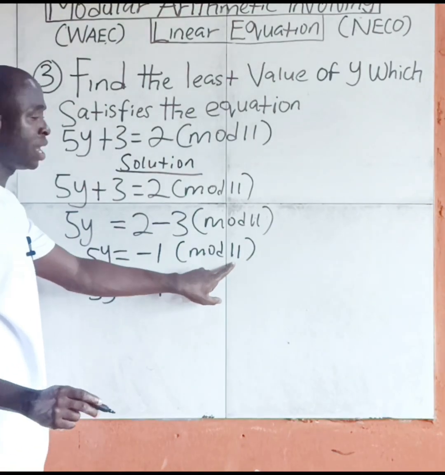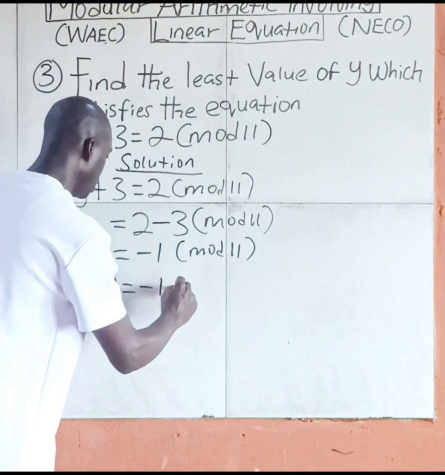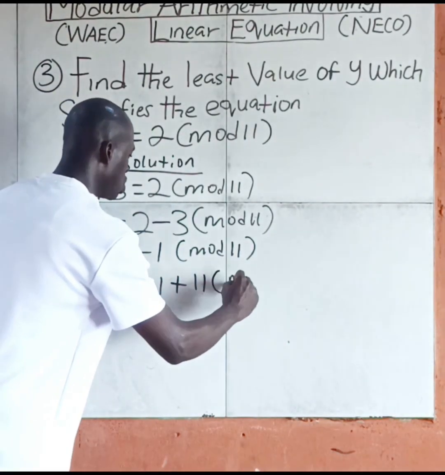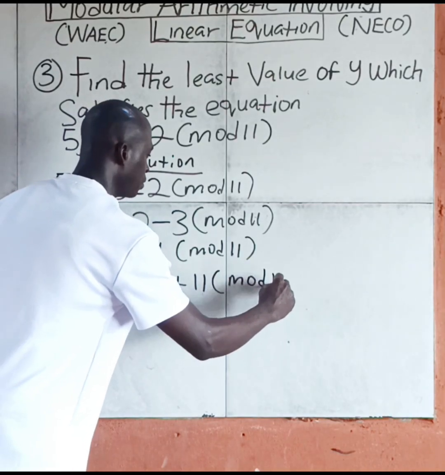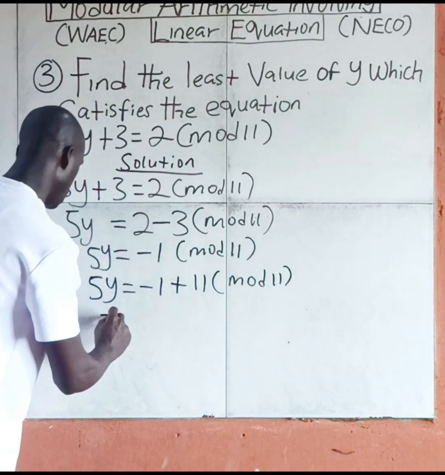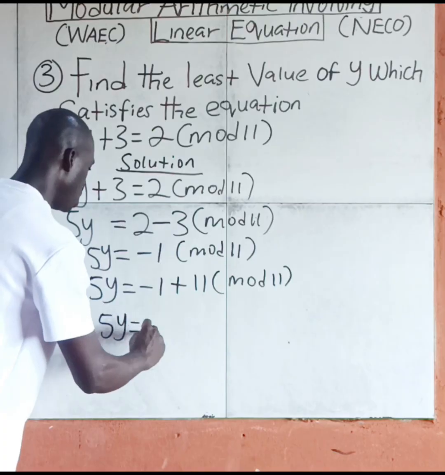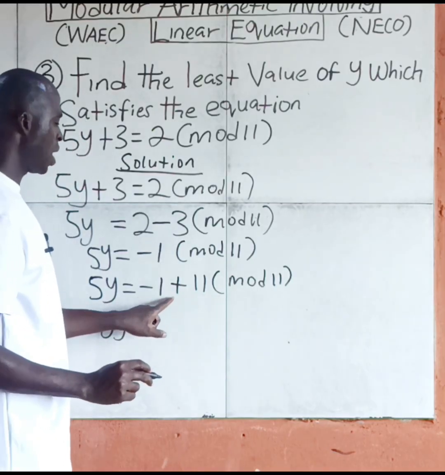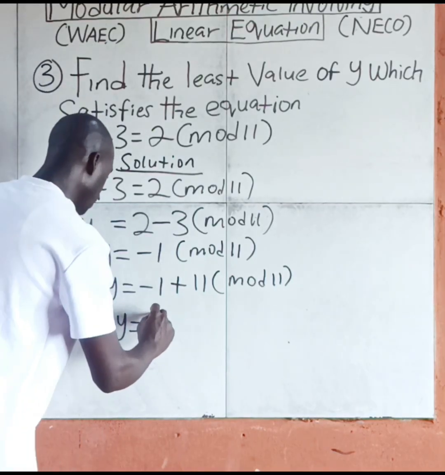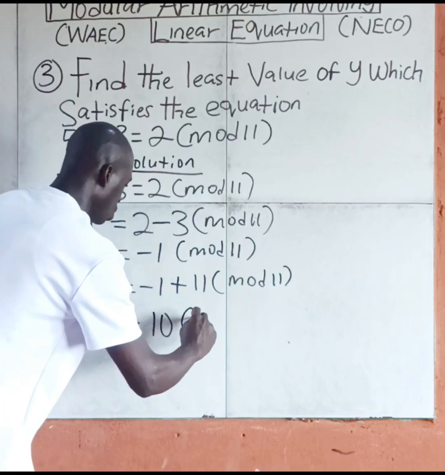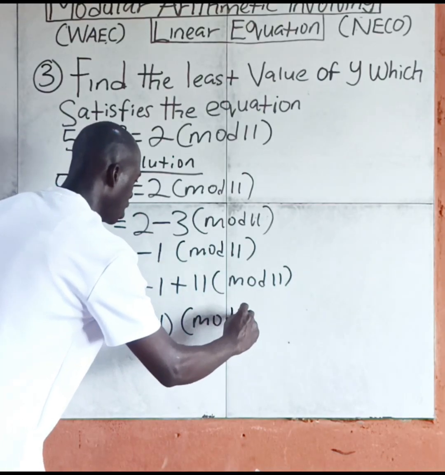I'm going to add my mod. What's my mod? 11. So 5y is equal to minus 1 plus 11, which will give us plus 10. So this is what we are currently having.